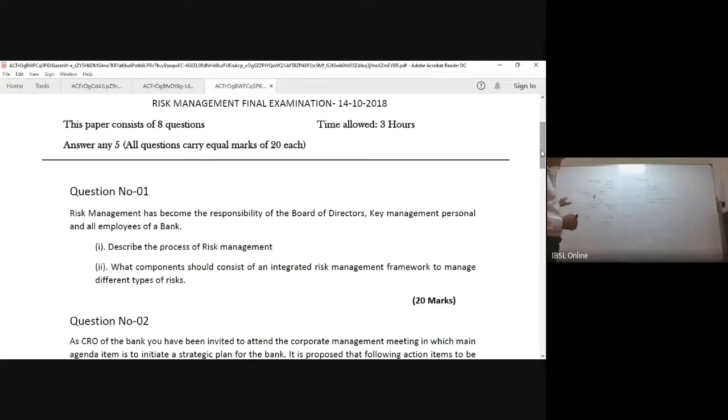So that's a very, very easy question because it is based on two sections we covered. Two sections are, we gave an introduction and then the integrated risk management second section. So the first question is based on two parts of our syllabus, and the first one is very direct, and for the second one you need to think a little bit about what the risk types are, and also the other components.